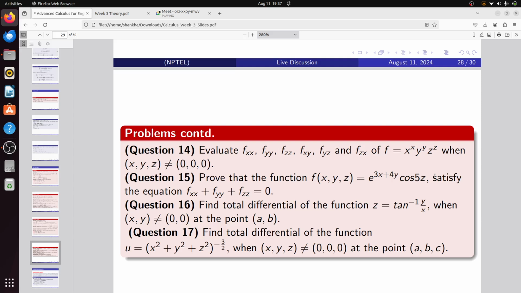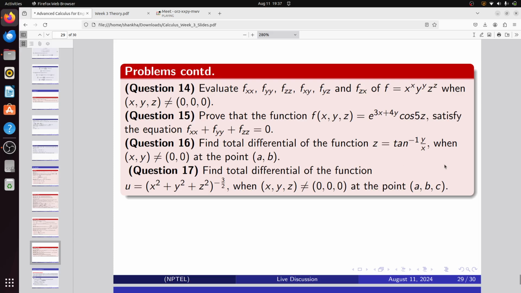Also 5, 12, 13 are Pythagorean triplets, right? Got my point? So if you find any Pythagorean triplet m, n and p, then e power mx plus ny times cos pz will satisfy this Laplace equation.